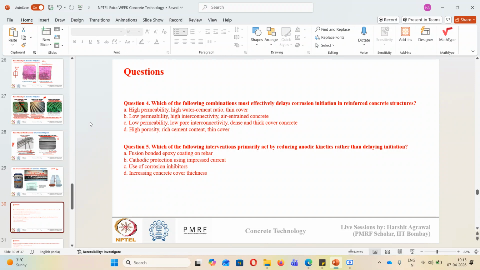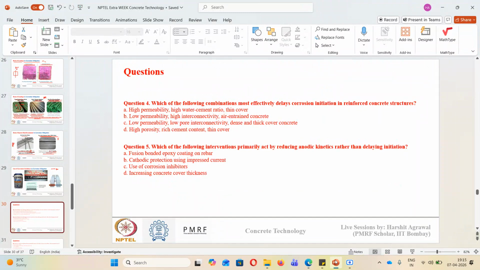So question number 4 says, which of the following combinations most effectively delays corrosion initiation in a reinforced concrete structure? Anyone knows the answer?